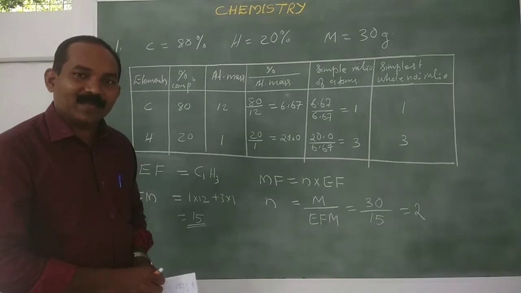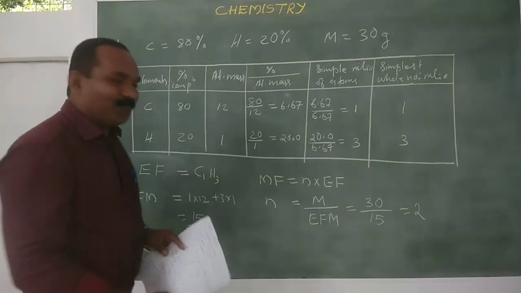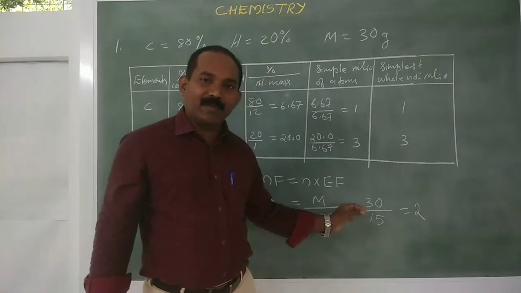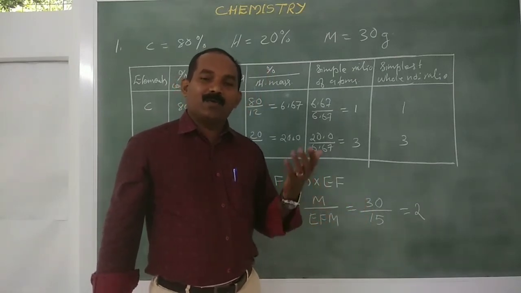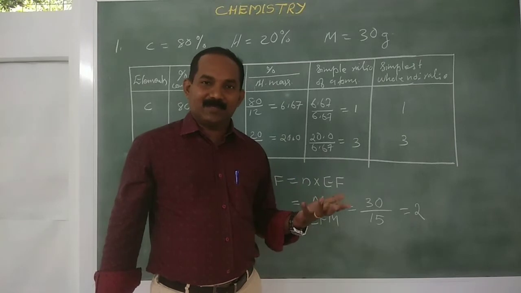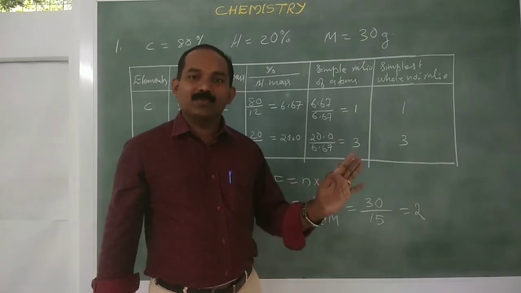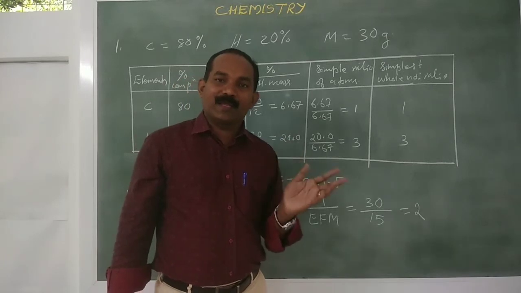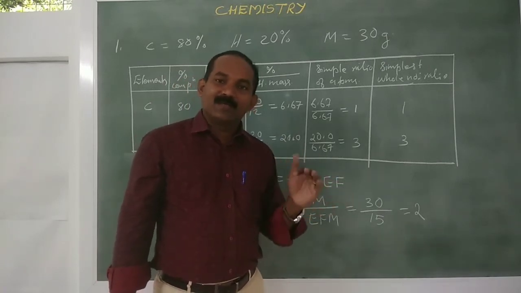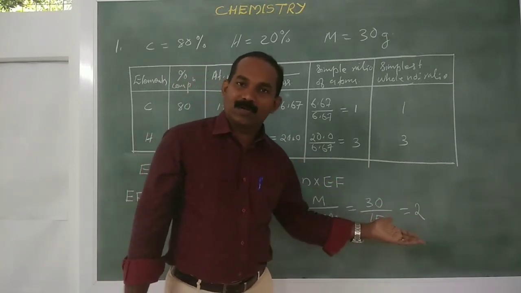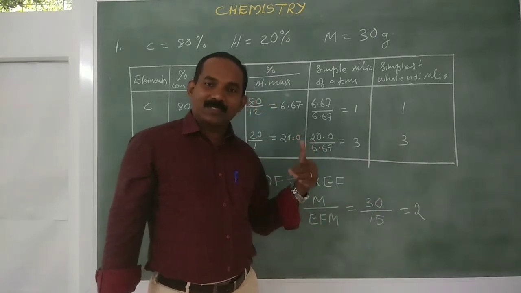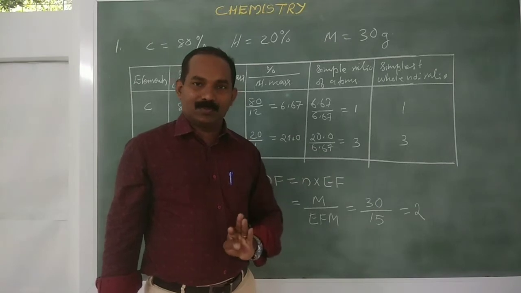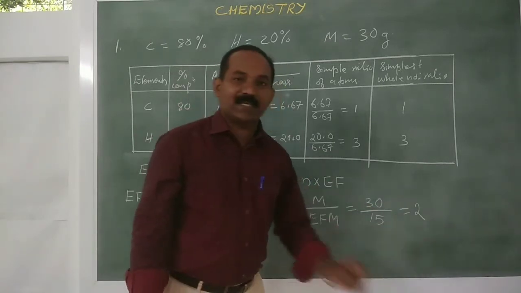What is N? N is a whole number. Suppose when you are dividing molecular mass divided by empirical formula mass, 1.98 is obtained. You round it into 2. Suppose the value is 1.98, 1.9, like that you round into whole number. Suppose if the number is 2.01, you round off into 2. Okay, so here it is exactly 2.